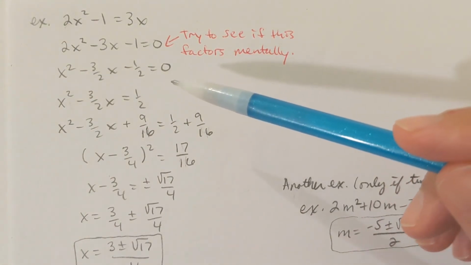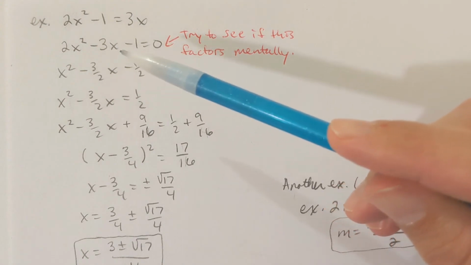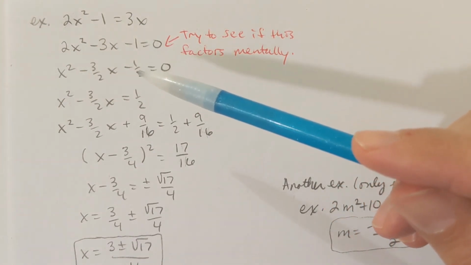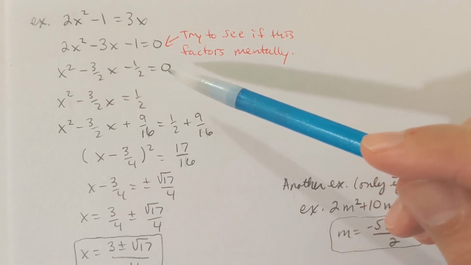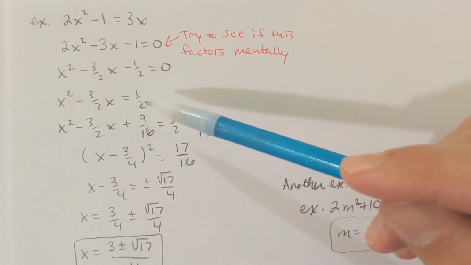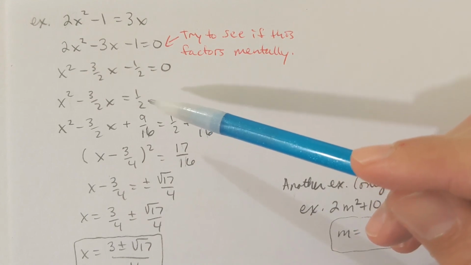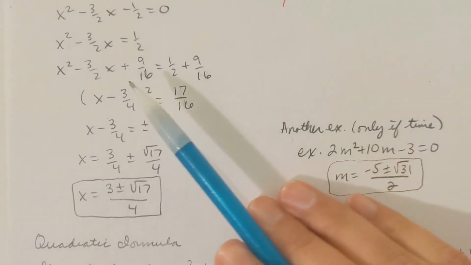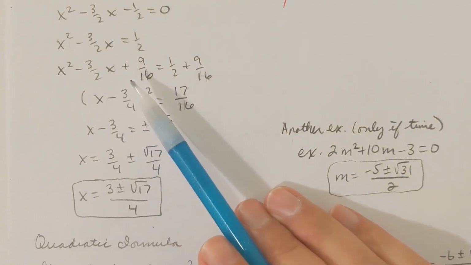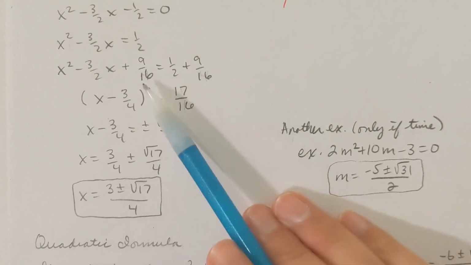Let's try completing the square. I need a 1 in front of x squared, so if I divide by 2, I get x squared minus 3/2 x minus 1/2 equals 0, so x squared minus 3/2 x equals 1/2. Okay, so I need half of the number in front of x. I'm going to add that new number, squared, to both sides.